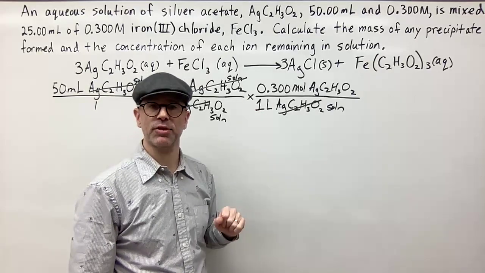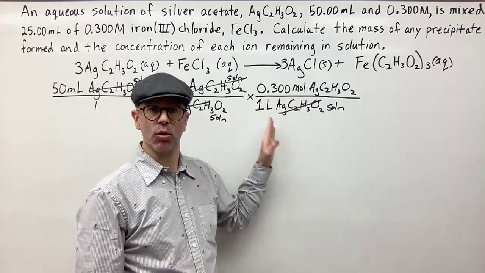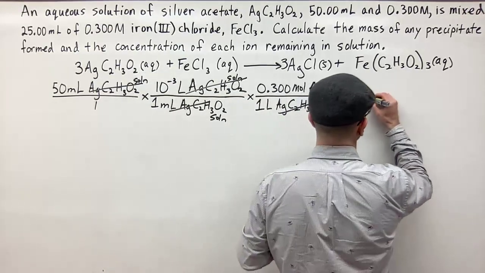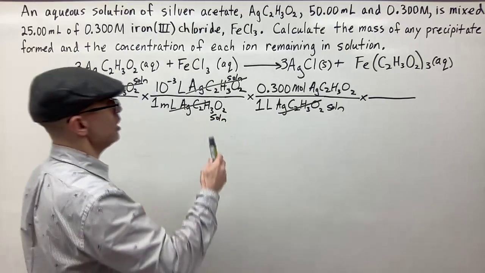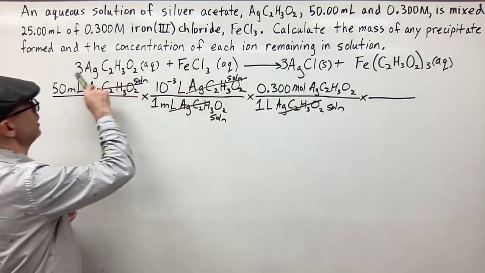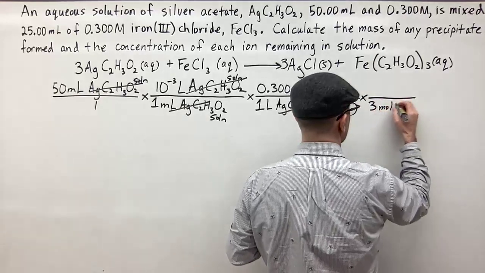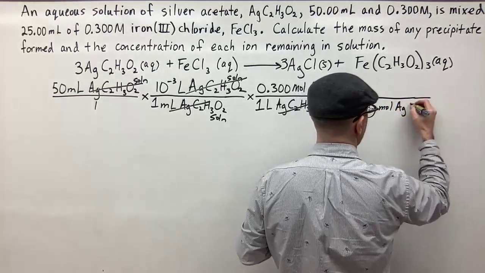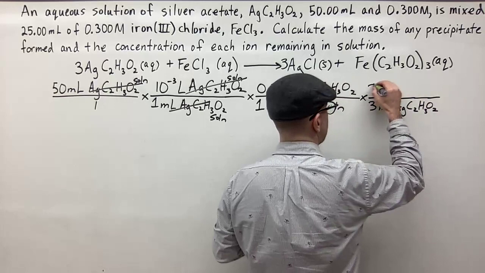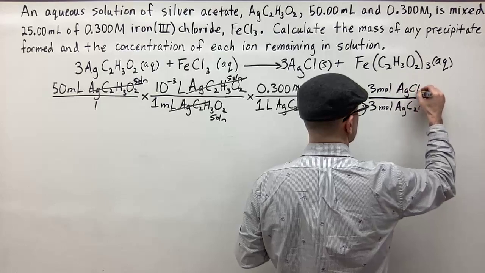So they say calculate the mass of the precipitate. So we're going to continue. But first we need to convert moles of the silver acetate to moles of silver chloride. So we're going to use our mole ratio. So we know that the mole ratio between silver acetate and silver chloride is 3:3. So we're going to use that. So 3 moles of the silver acetate on the bottom and 3 moles of silver chloride on top.